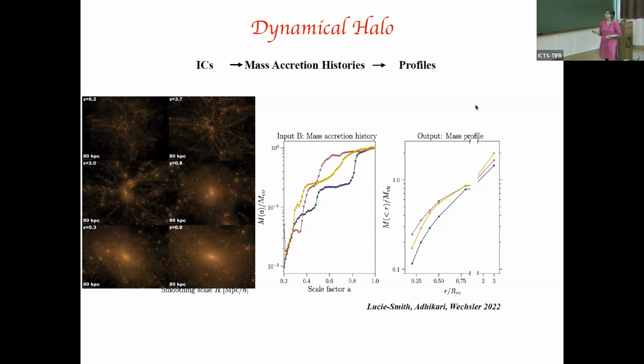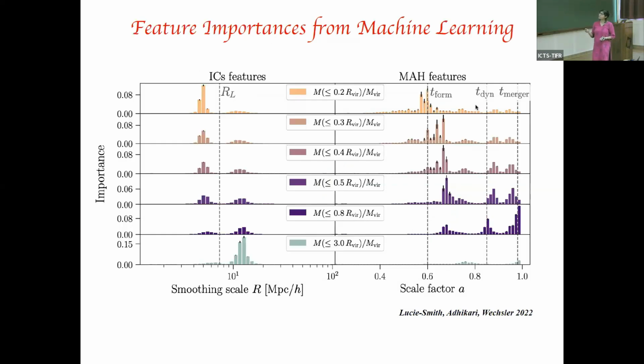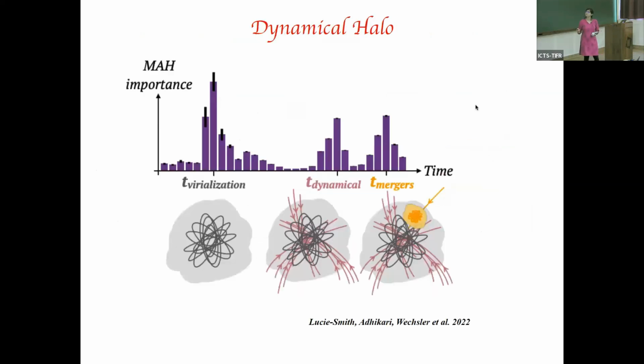In the study with Lucy Smith, who's now a postdoc at Max Planck, and Risa Wechsler, we were basically trying to feed the initial conditions and the mass accretion histories of halos into a machine learning framework to predict the mass at different radii of the final halo. One of the things that we found, particularly for the mass accretion history, is that some of the IC information is naturally incorporated in the mass accretion history itself.